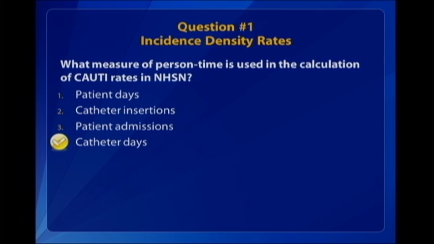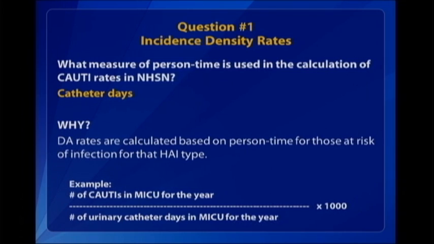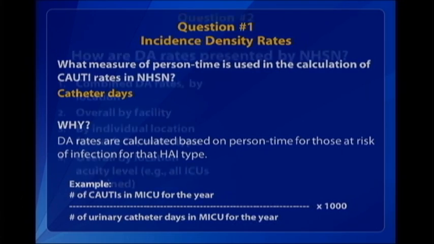If this were a CLABSI rate, we'd be looking at central line days. We calculate our rates by the number of CAUTIs divided by the number of urinary catheter days times 1,000. And that 1,000 multiplier is to aid in interpretation so that we can interpret it as per 1,000 device days.